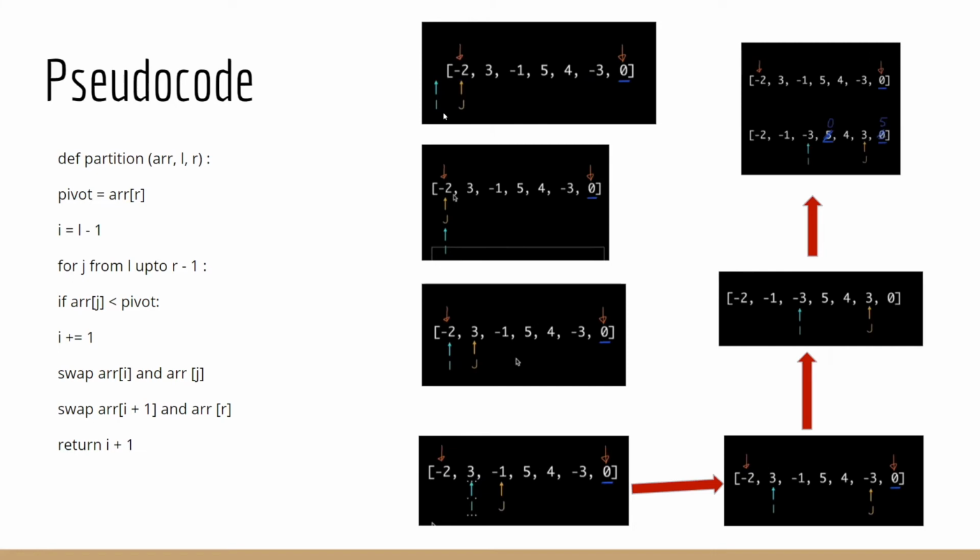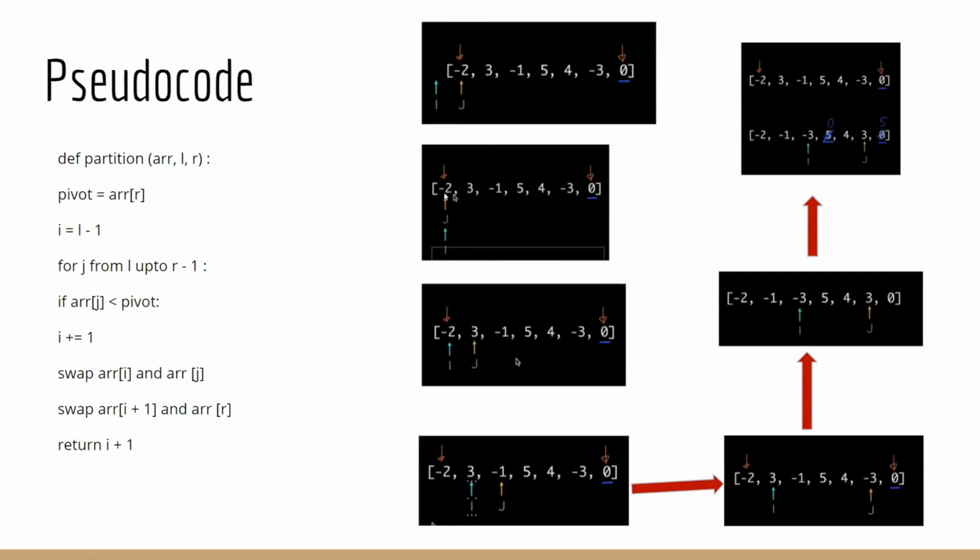And now for j, we will start from l up to r minus 1. So l is here, right? And you'll be shifting this j up until r minus 1, right here. Okay. Now we check if the value of array j is less than the pivot itself. So let's say the value here is minus 2, right?